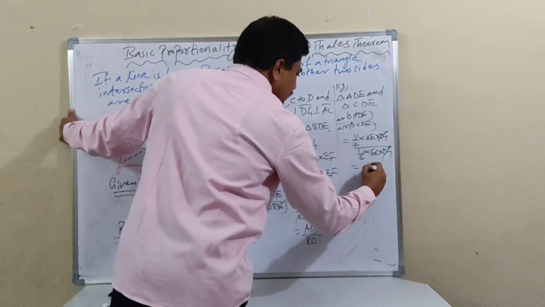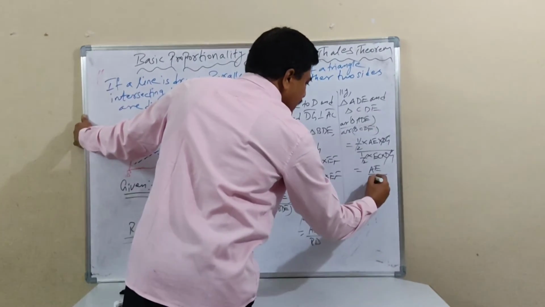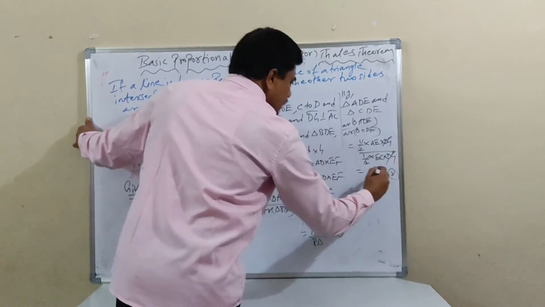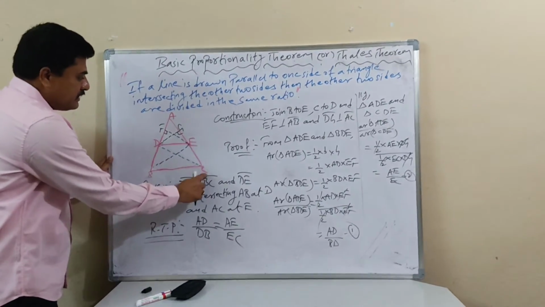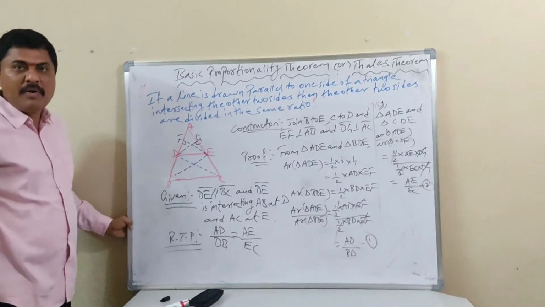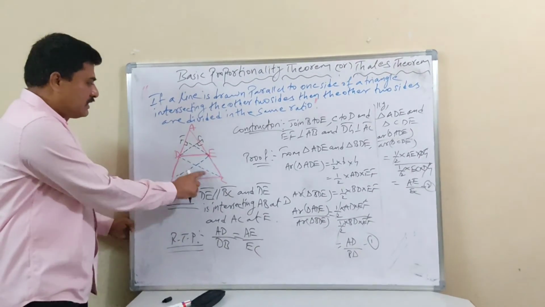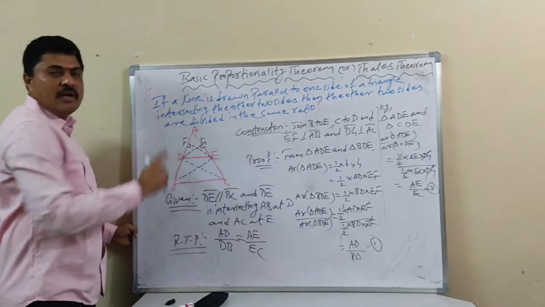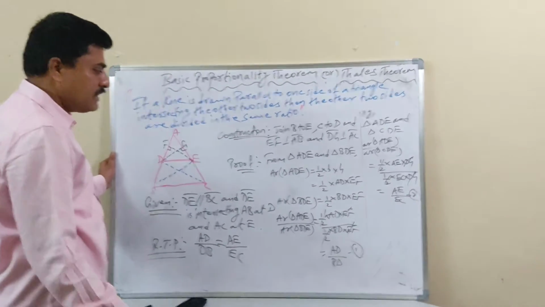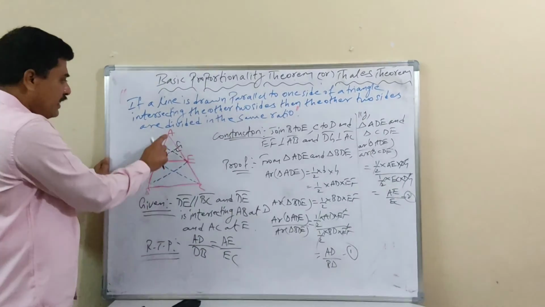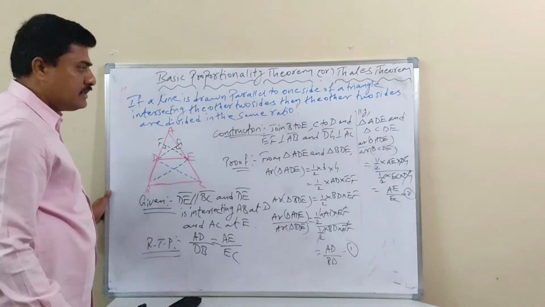Half is cancelled. What is remaining, students? AE by EC, which is the second condition. So in this CDE, EC is the base, DG becomes the perpendicular, that is the altitude. For this obtuse angle triangle, the perpendicular lies outside the triangle. Now from conditions 1 and 2, I can say AD by DB is equal to AE by EC.